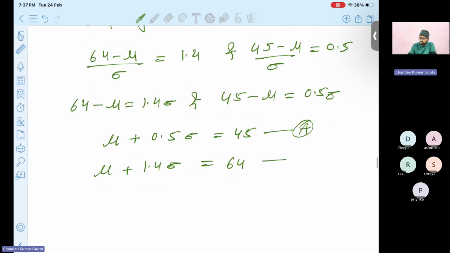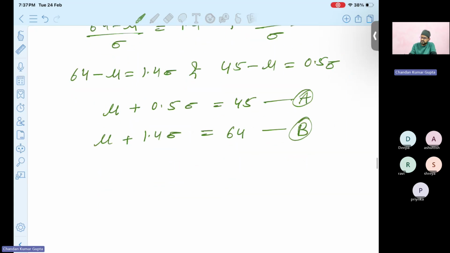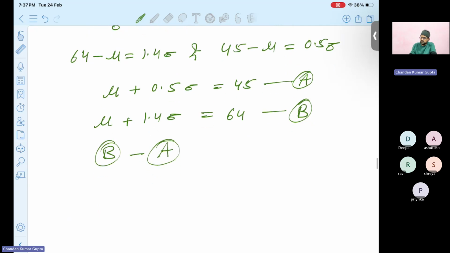Call them equation A and equation B. Subtract equation A from equation B, and we will get 0.9 sigma equals 64 minus 45, which is 19.